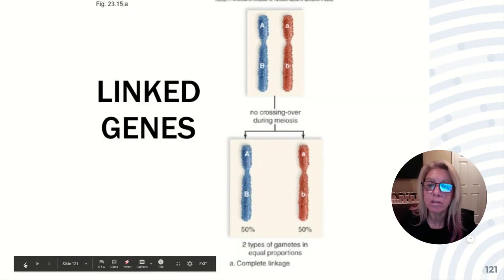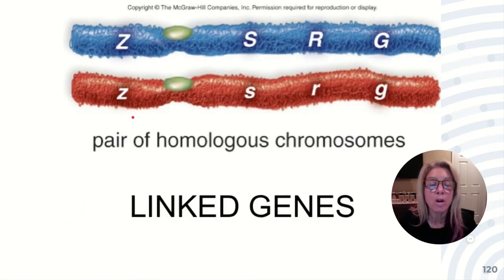And let me go back here just to explain that a little bit. Where do you think you're more likely to break up the linkage? Between Z and G, or between Z and S? What do you think is more likely to have a crossing over event? Well, Z and G are much farther apart, so you could cross over anywhere along this chromosome and you would break up the connection between Z and G. But between Z and S, you have a smaller range where you could cross over.